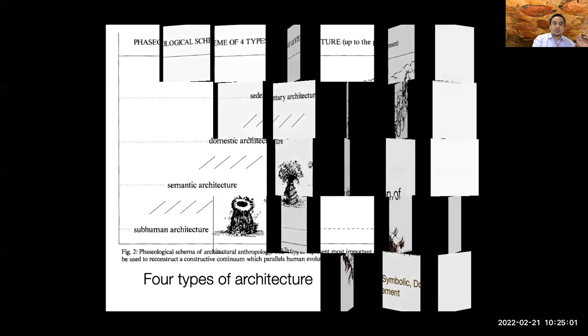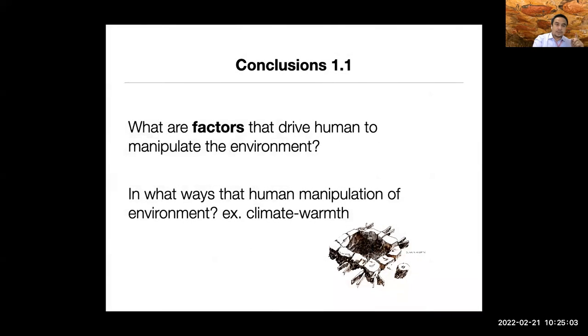So conclusion one, you have to think about the factor that drives humans to manipulate the environment. The factor is human activities, okay? Then you think in what way humans manipulate the environment. Like they create the hearth in the images. Hearth is like the fireplace.